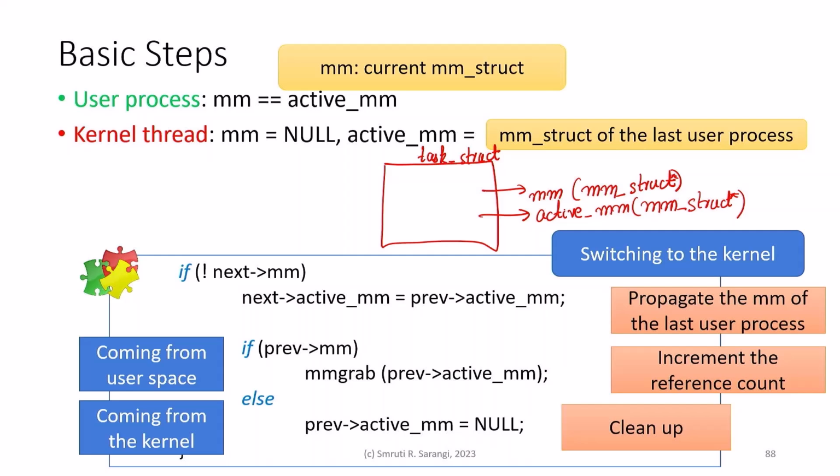Because maybe you are still servicing its system call. Maybe you need something from its address space. It is always good to have a pointer to the mm_struct which wraps the page table and virtual memory regions of the user process that executed the last, right? Is that correct? On the current CPU, of course.